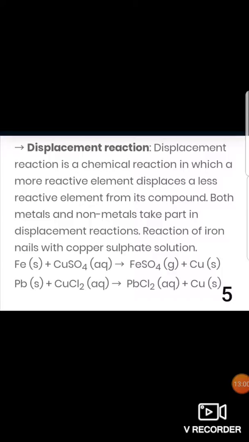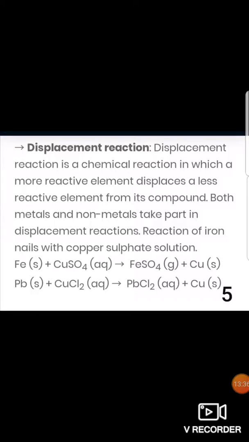When iron is mixed with copper sulfate, iron displaces copper from the sulfate, combines with the sulfate and separates out copper. Iron acts as a more reactive element, stronger than copper.